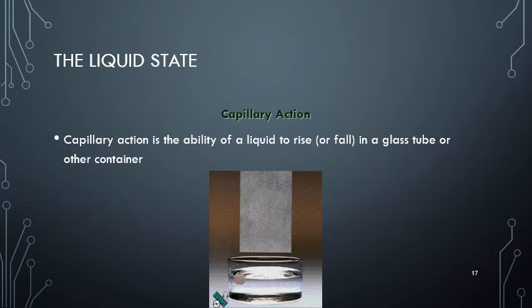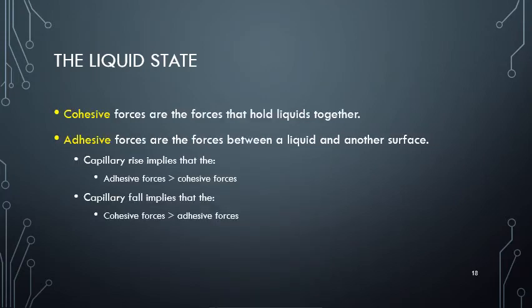rise up inside. So when we're describing those forces, we have a cohesive force, and those are the forces that hold the liquid particles together. And then we have the adhesive forces. So those are going to be the forces between the liquid and another surface.